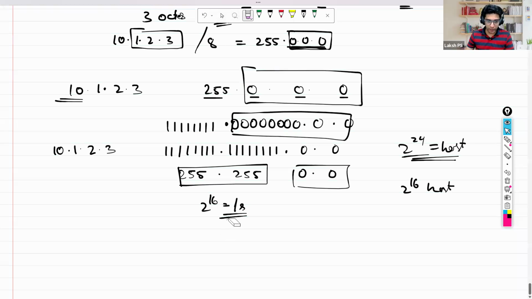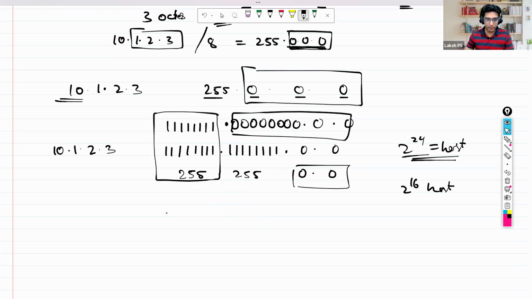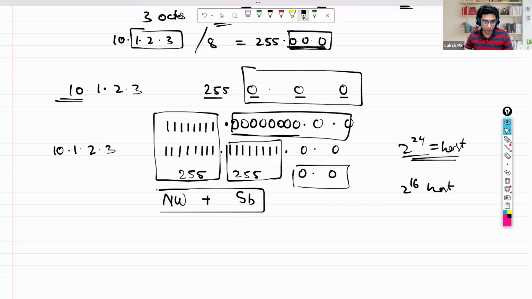So originally, this is your network bits. The borrowed or converted zeros are your subnet bits. If you add these two together, you get the prefix length P, which is now /16.